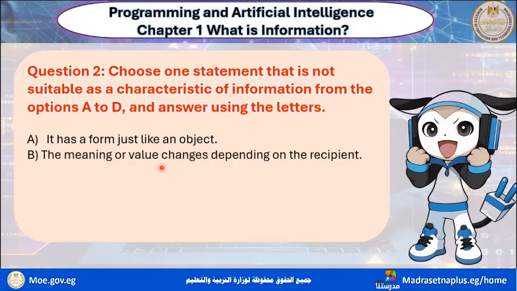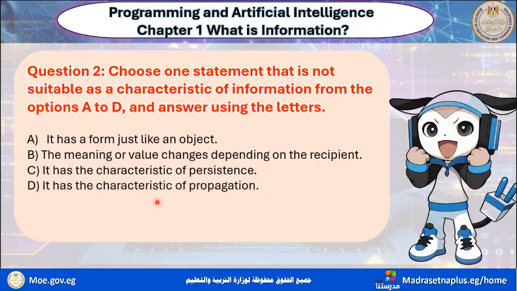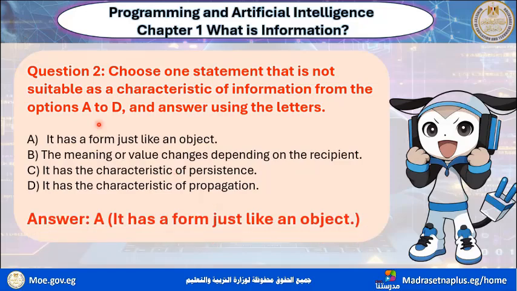B, the meaning or value changes depending on the recipient. C, it has the characteristic of persistence. D, it has the characteristic of propagation. Well, of course, the one that does not suit the characteristics of information is: it has a form just like an object.